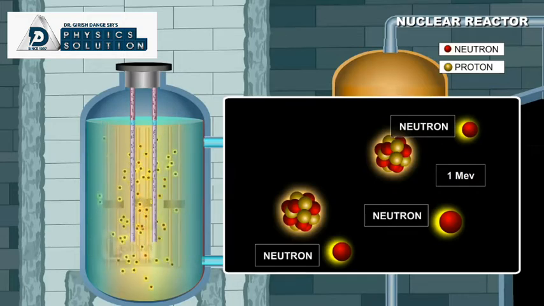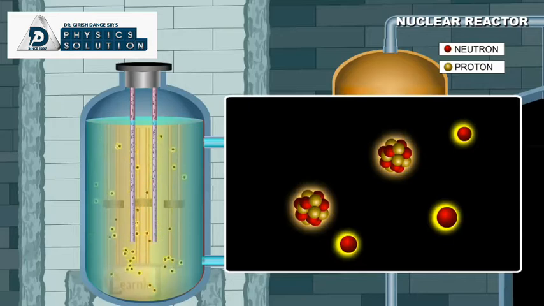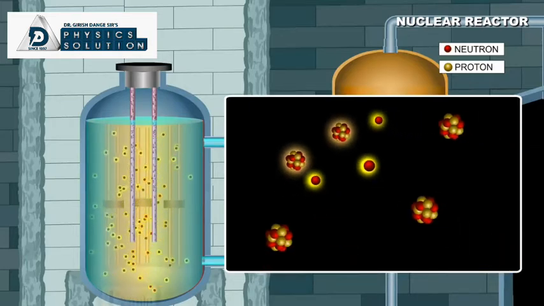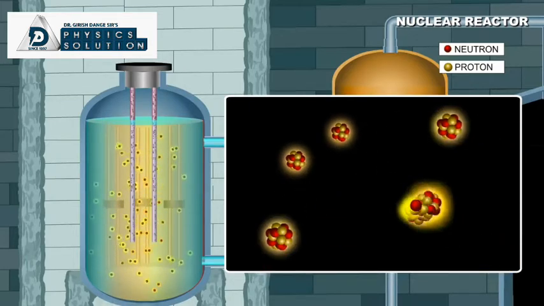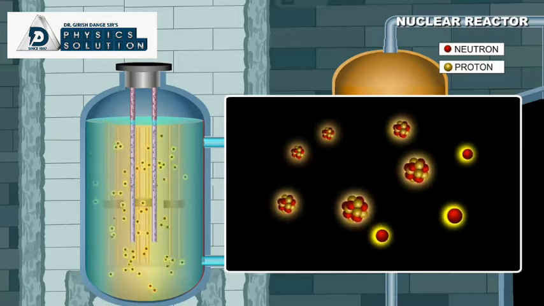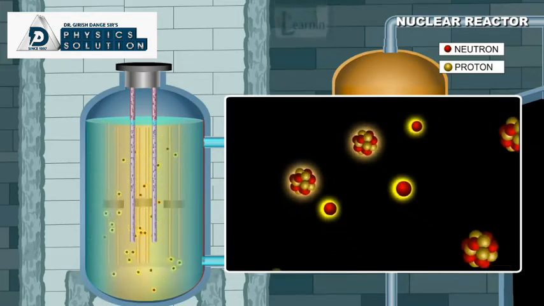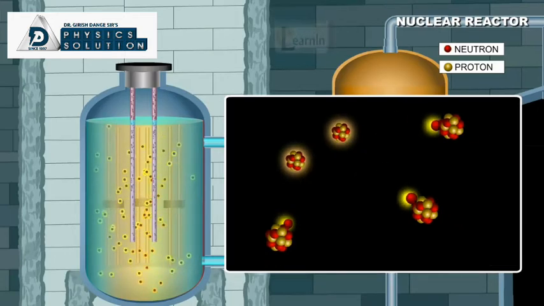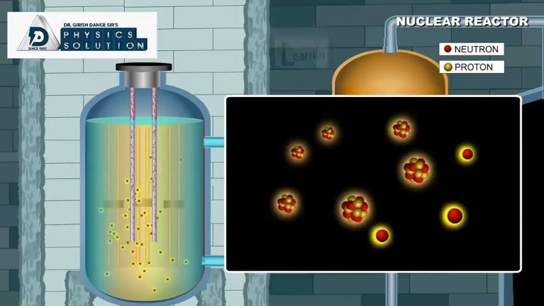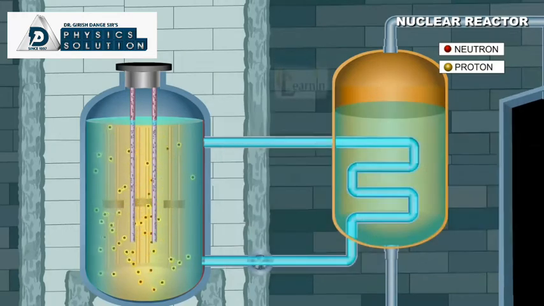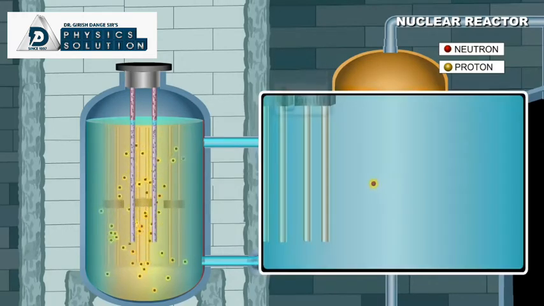Now the total energy becomes 1 mega electron volt. These 3 neutrons then bombard 3 neighboring uranium nuclei, producing 3 neutrons each. Again these bombard neighboring nuclei and split up into lighter nuclei. So in this way a large number of neutrons are produced.